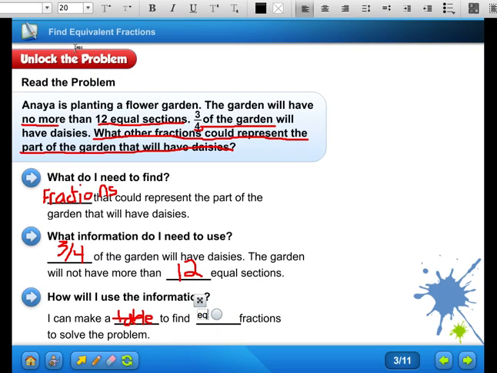All right, equivalent fractions to solve the problem.